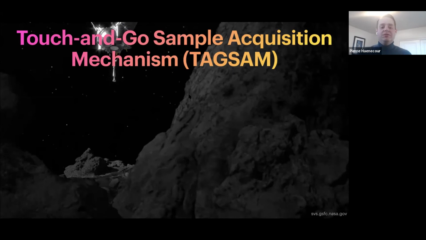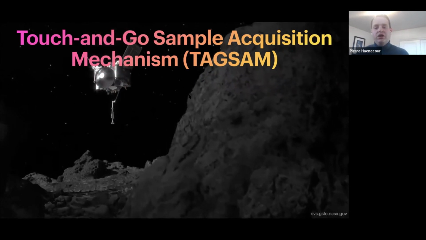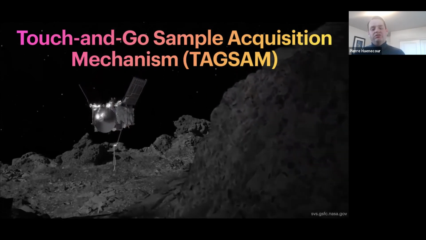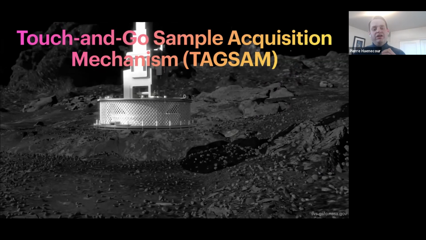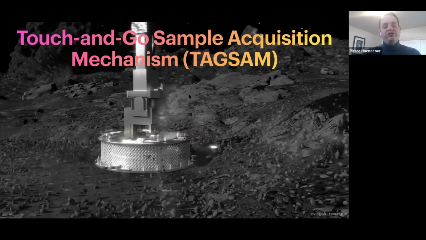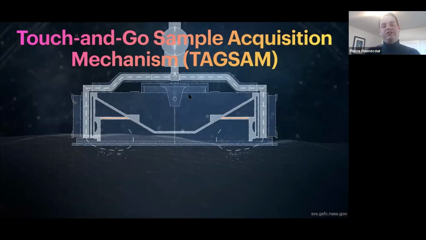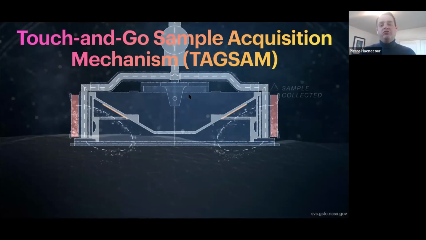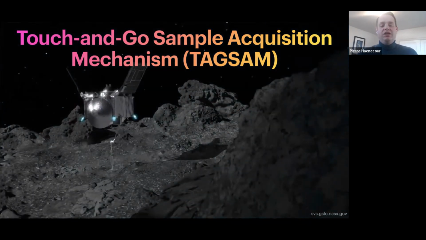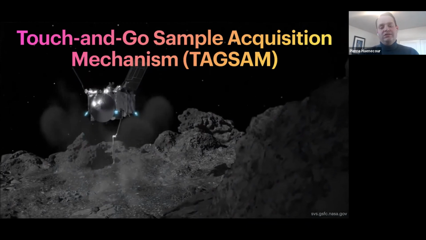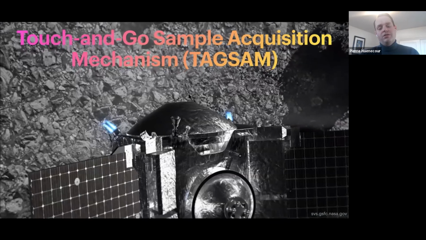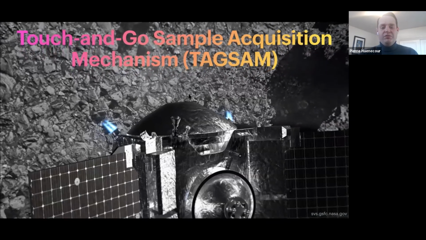The way it works is that the spacecraft does a lot of maneuvers to progressively come down to the surface, and then come vertically down, touch the surface, blow nitrogen gas to make material fly around, and then collect material into the collectors surrounding the head of the TAGSAM. And then after just 5 to 10 seconds, it backs out and goes back into orbit to stay safely away from the asteroid.